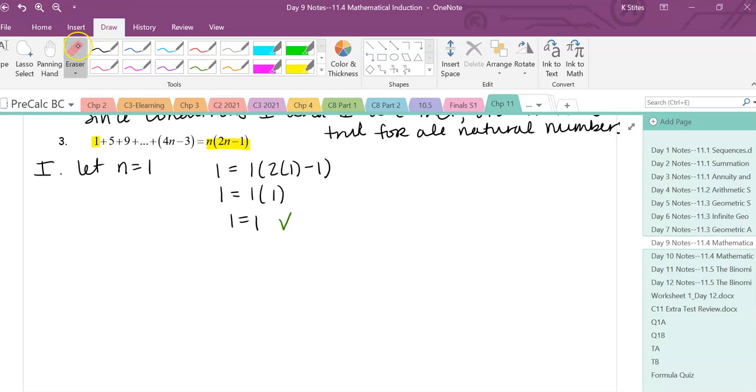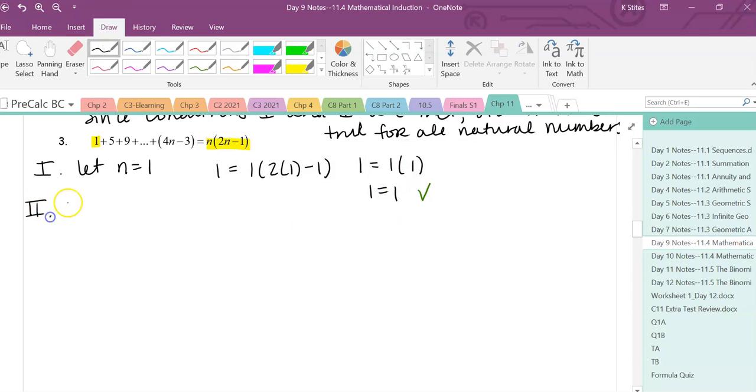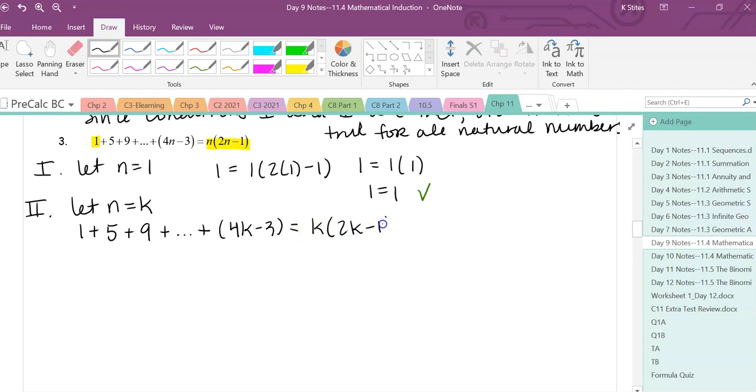Step 2, I'm not sure how much room I have, so I'm going to move this over. We're letting n equal k. And you do have to rewrite this whole thing, but all we're doing is replacing the n with the k. And everything else is the same. So that is when n is k.